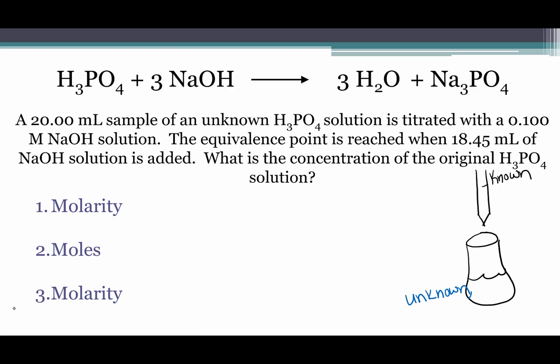Right, a 20 ml sample of unknown H3PO4. So that is pretty clear which one the unknown is. So the unknown is H3PO4. And it says we started with a 20 ml sample, so I'm going to put that down here.